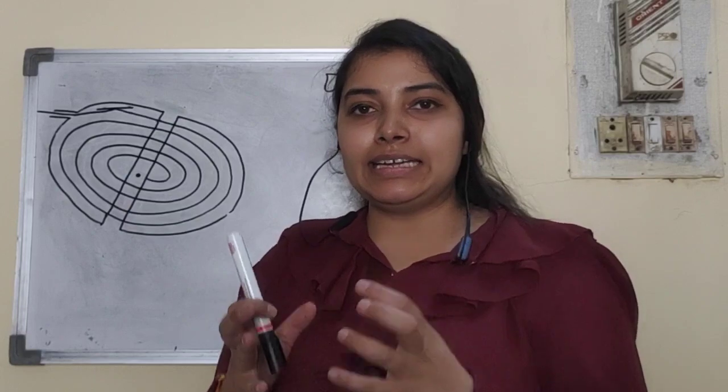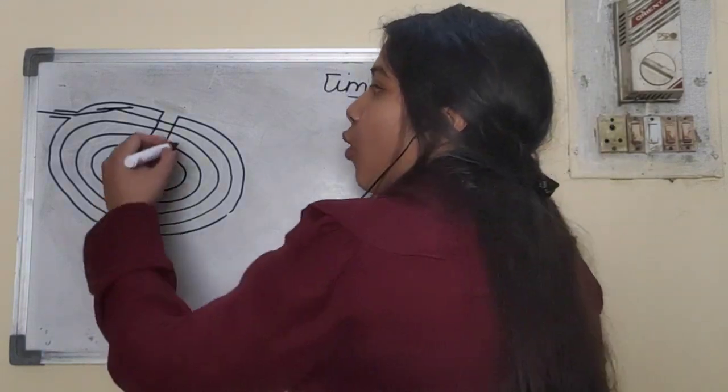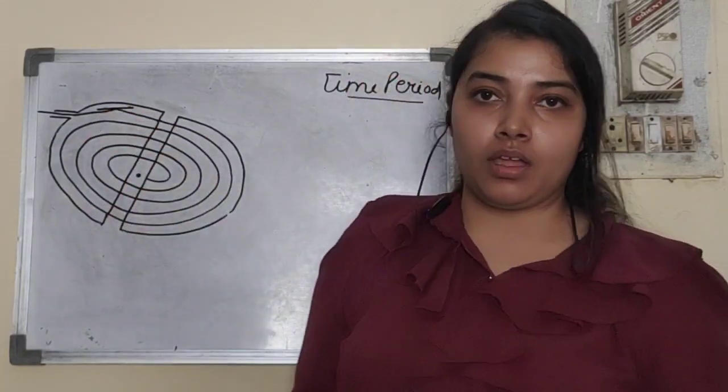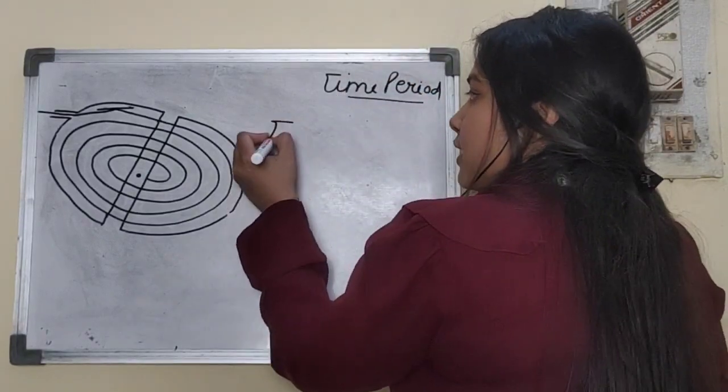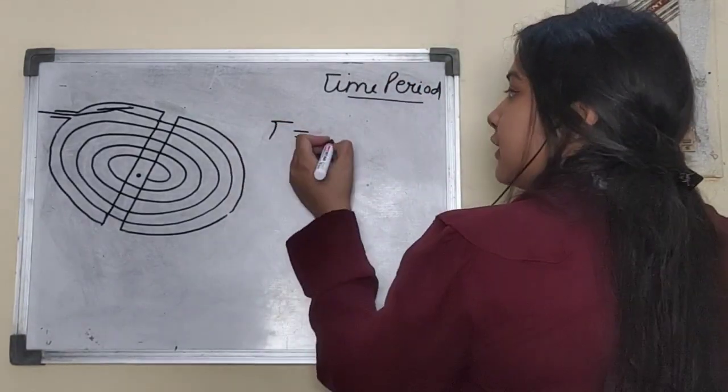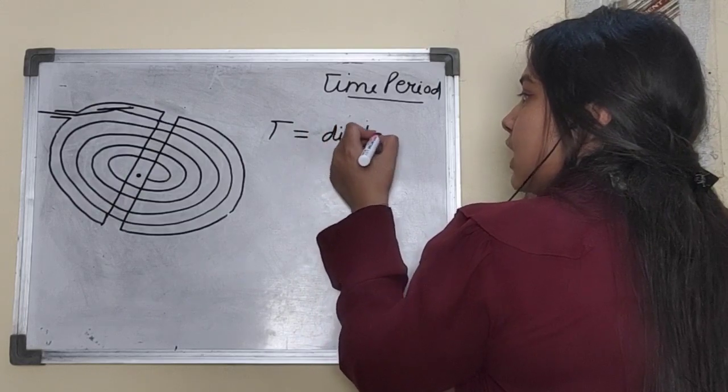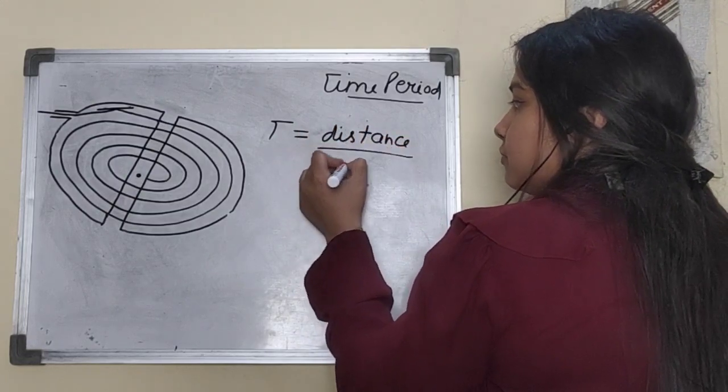So basically, time period is the time taken by the charged particle to cover one circle, which is the time taken by the charged particle to cover one circular path. Time period can be calculated as time is equal to distance upon velocity.